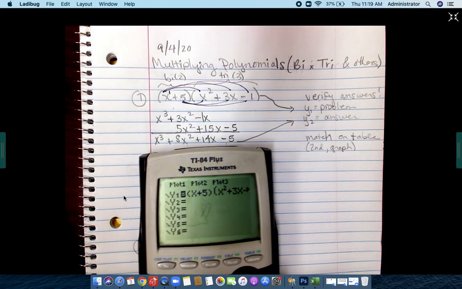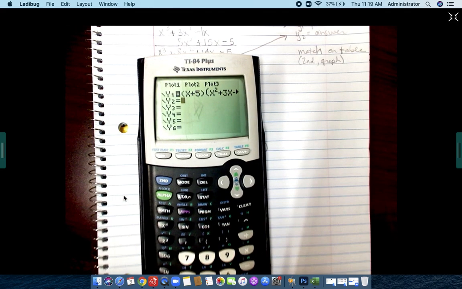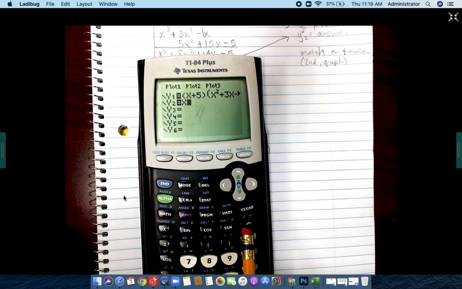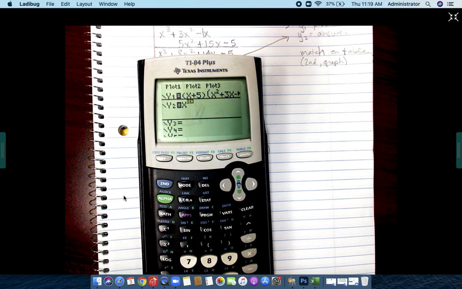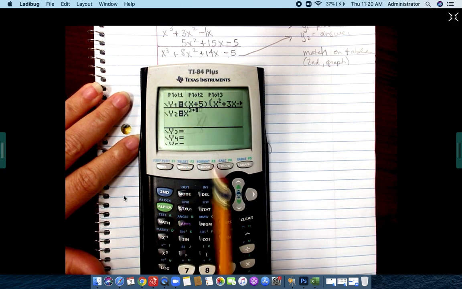So I have x to the third, and you might not be familiar with how to type in higher exponents, but it's just this simple. You are going to type in x and then hit, excuse me, underneath the clear button is the up arrow. So type in x to the third. But be careful, because if you then hit plus 8x, you notice you're still in the exponent, and we don't want that.